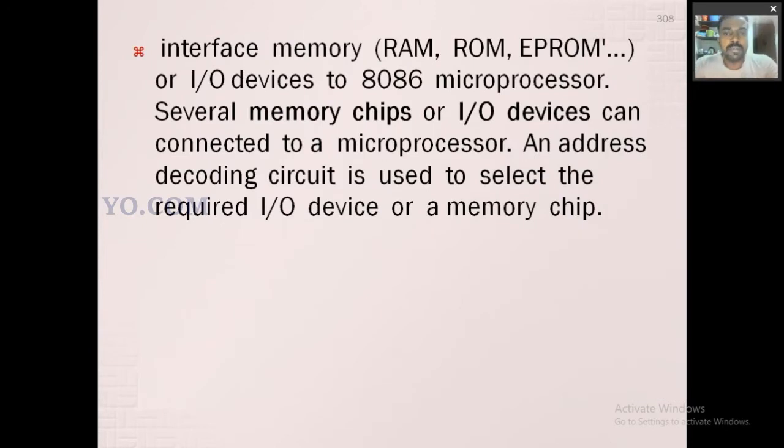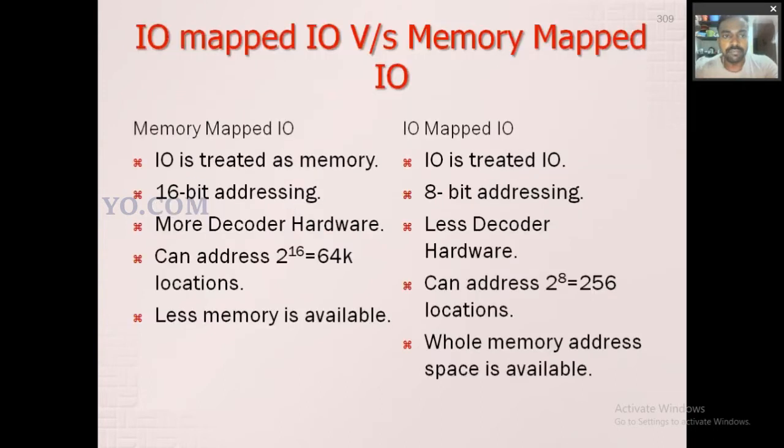So we interface memory, that is RAM, ROM, EEPROM, and I/O devices to the 8086 microprocessor. Several memory chips or I/O devices can connect to the microprocessor. An address decoding circuit is used to select the required I/O device or memory chip. The address decoding circuit or bus controller is used to select the different chips by using the chip select signal.